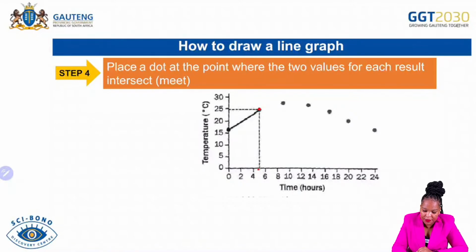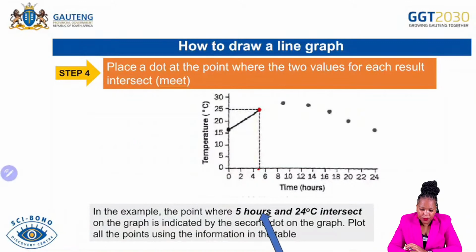The first one is 5 hours, so your 5 will be between your 4 and 6 here. Then when the time was 5 hours, how much was the temperature? Temperature was 24. Then you correlate that with 24, and you put a dot where the 2 points meet. So that is you plotting your points.